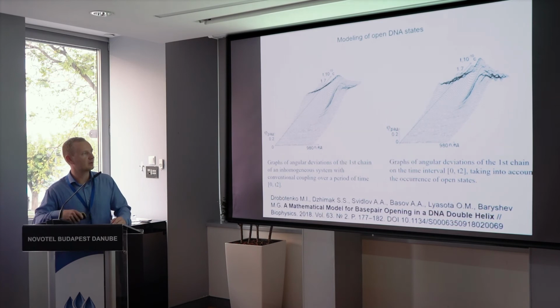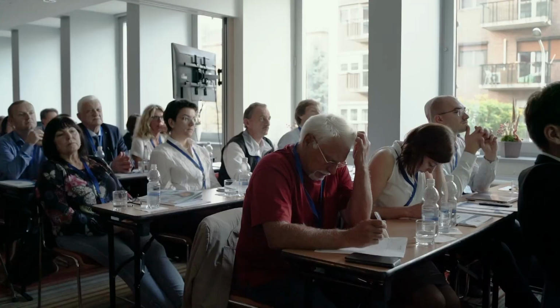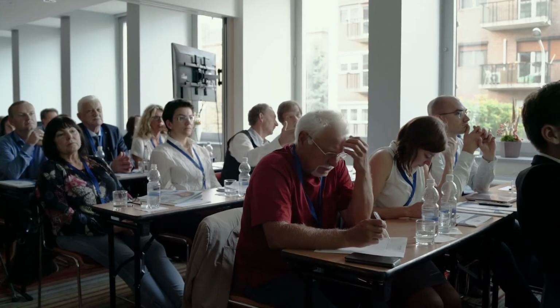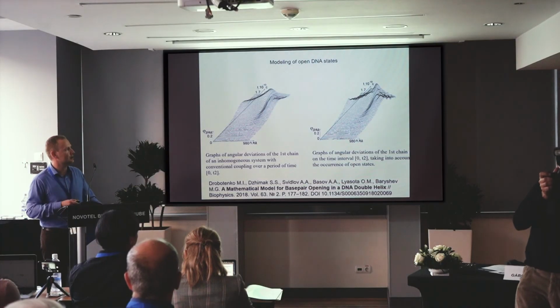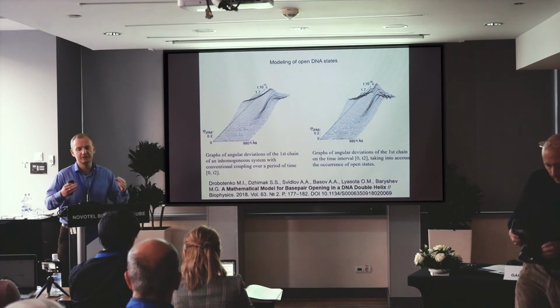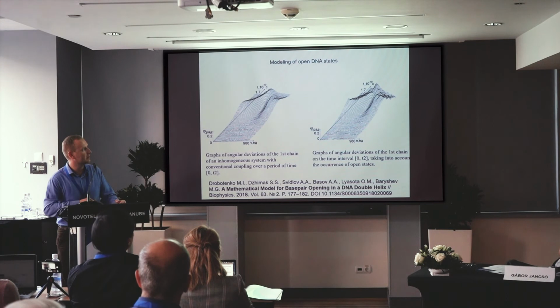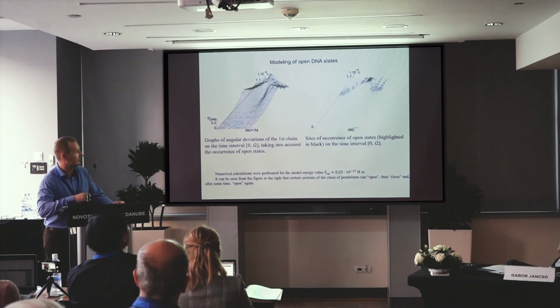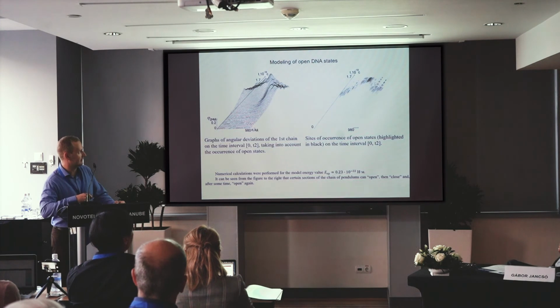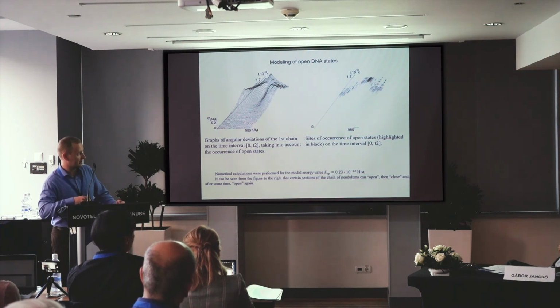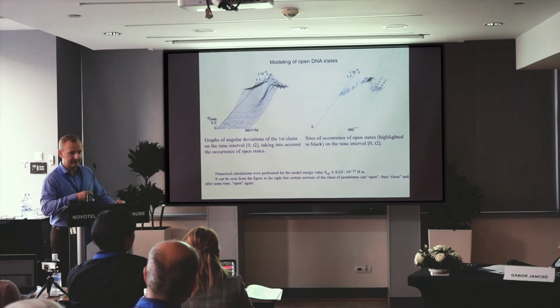This is just a smaller one than DNA. And this one without open states. And here we made the disruption energy between nitrogen bases a bit less, and now we can see the open states, but it is better to see here the same graph with open state, so they can open, close, and then open again.